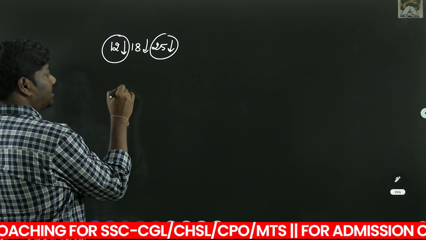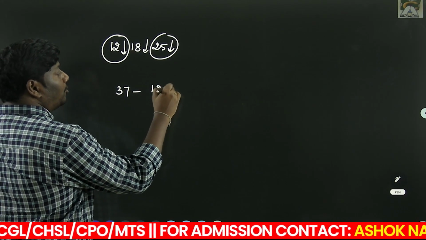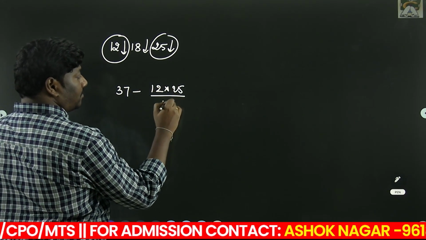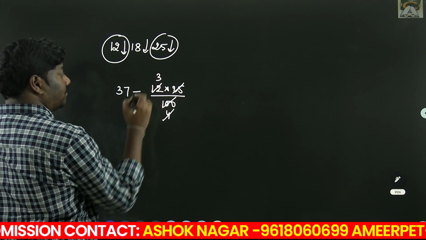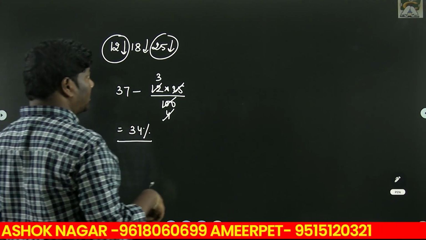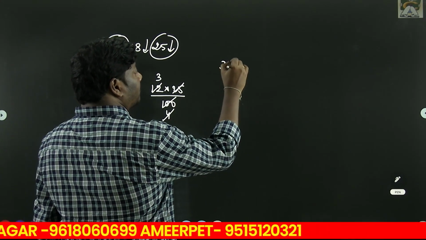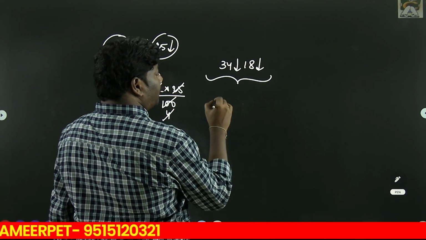D1 plus D2 is 37, minus D1 D2 by 100. 4 1s are 4, 4 3s are 12, so 34%. 34 followed by 18, you do it again. 52.